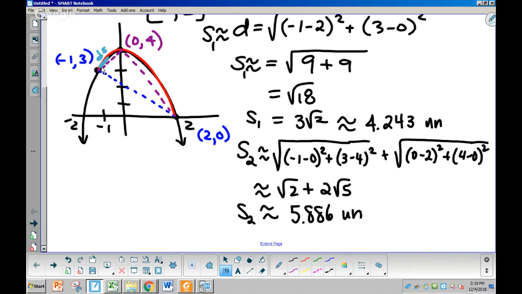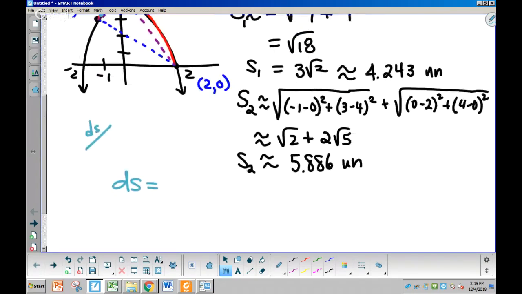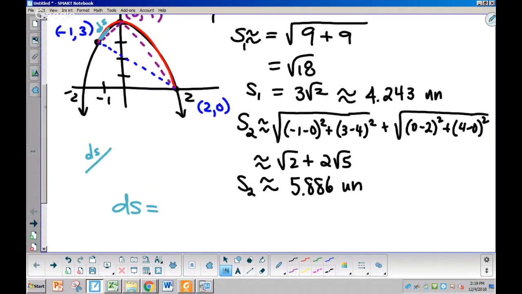I feel like we're about to do the integral of the derivative. So I'm going to say ds equals, now I'm going to pull this ds out, that length right here, and bring it down here. We're going to analyze it a little bit. Could I say that this is something squared plus something squared? Well, this is a little bit of the arc length, an infinitesimally small amount of the arc length. So what would this be?